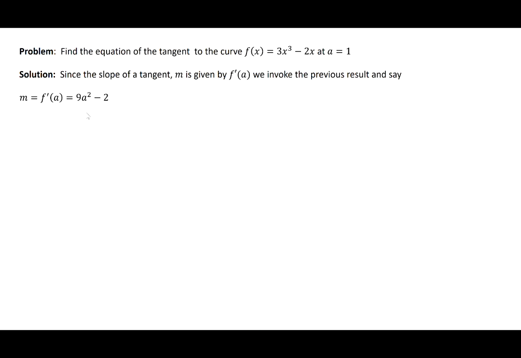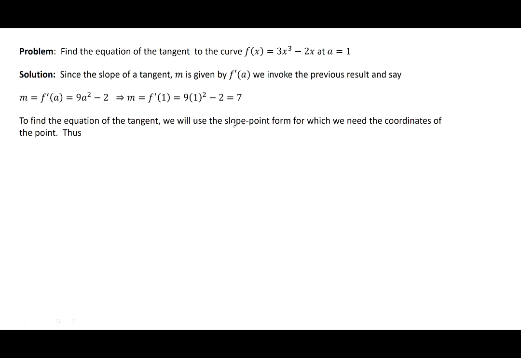So if a happens to be 1, the slope of the tangent line is just f prime of 1, and so all we need to do is plug 1 for a. If we didn't know f prime of a to be 9a squared minus 2, we would have to compute the limit and all that stuff. But since we already have that result, I'm using that result. And so it turns out m equals 7. The slope of the tangent line is 7.